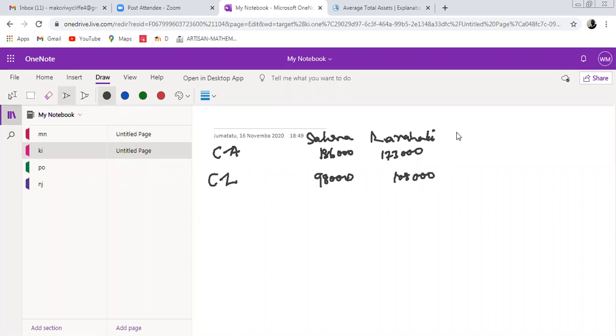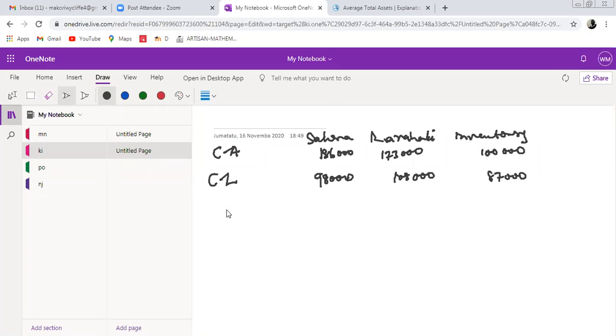And then maybe I can include the inventory for the case of the quick ratio. The inventory for Sahara is 100,000 and for the other one is 87,000.